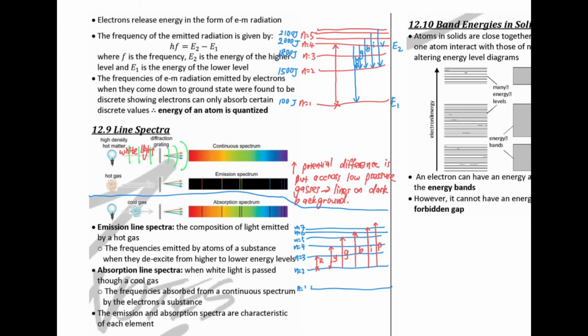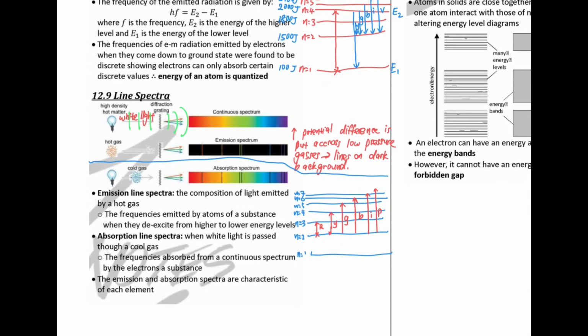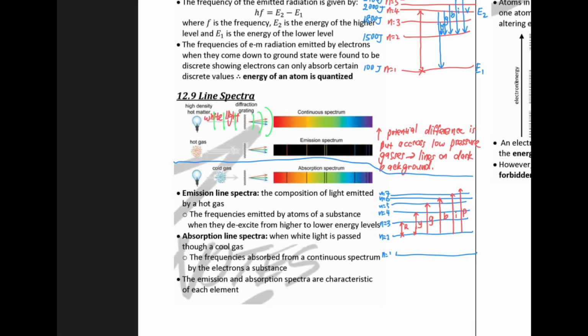Okay, so now let's see the words given there. This one is from ground state to excited state. Ground state is the cold gas.